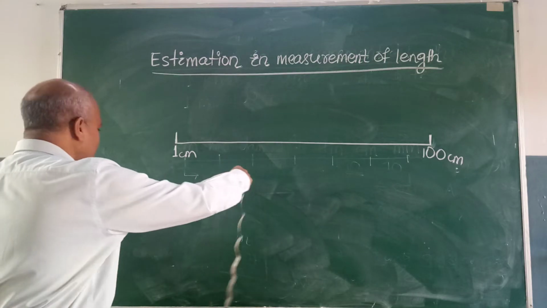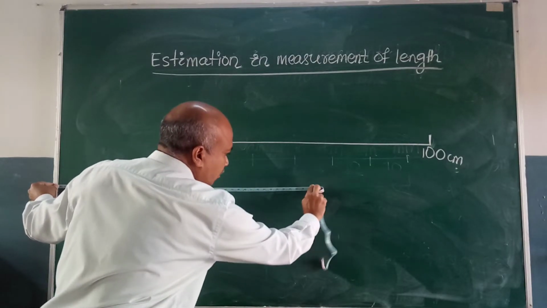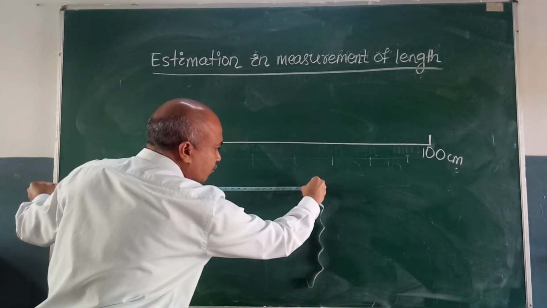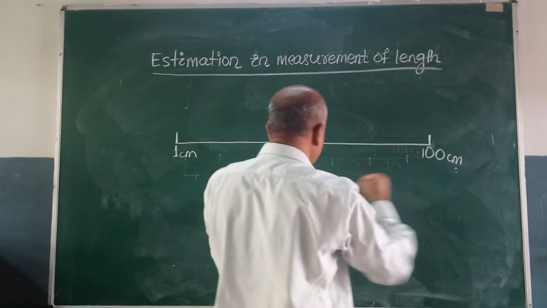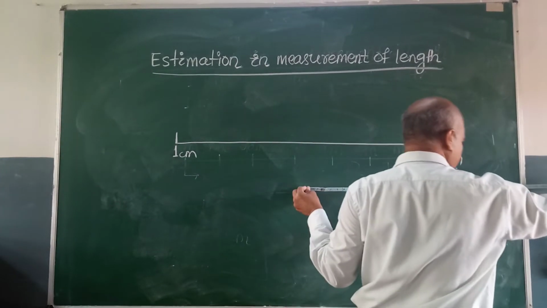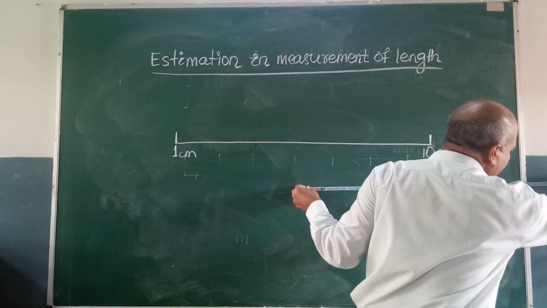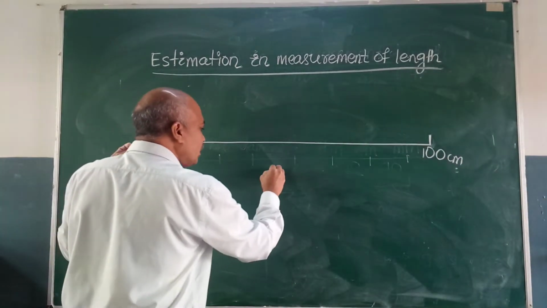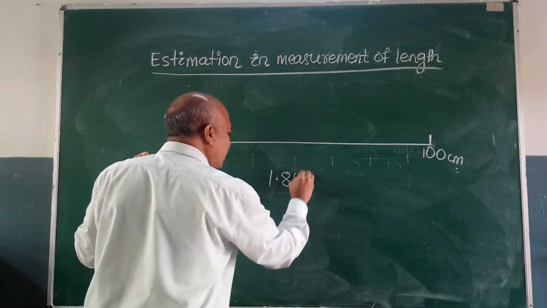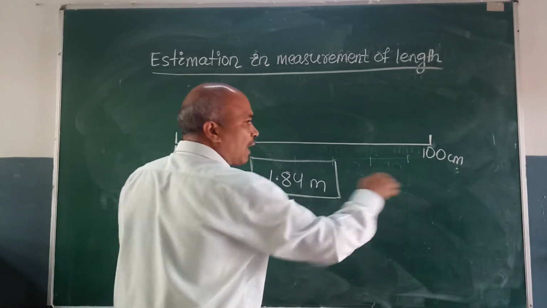Here, if we take like this and we found up to this, it is 1 meter. Then again from here, it is coming approximately 1 meter and again 84 centimeter. So here we can write 1.84 meter is the length of this blackboard.